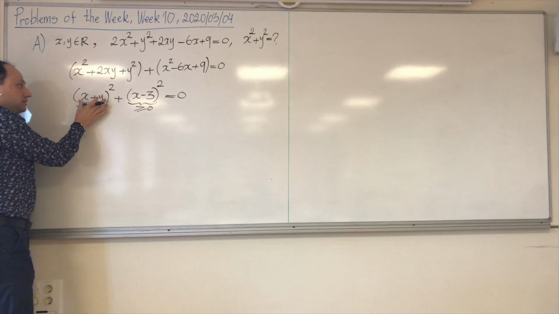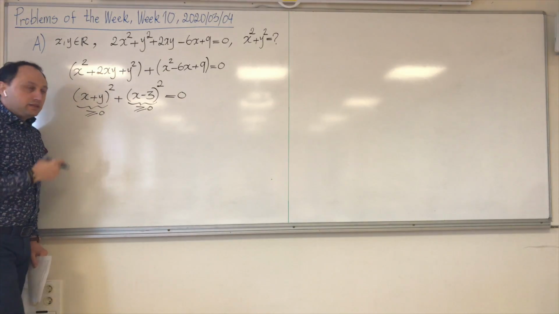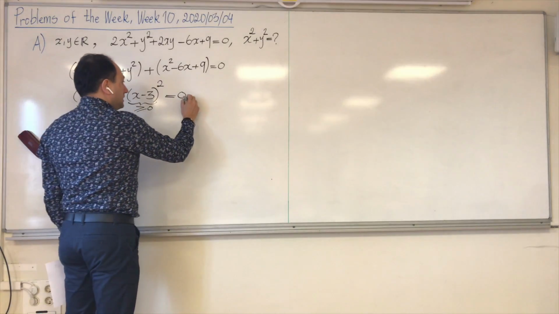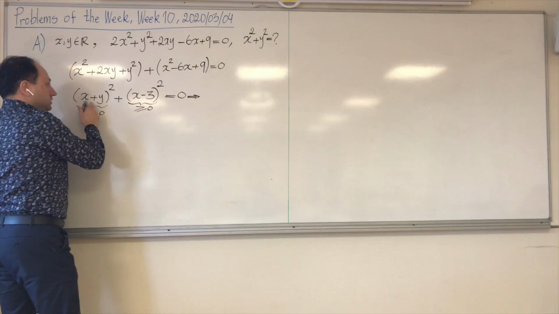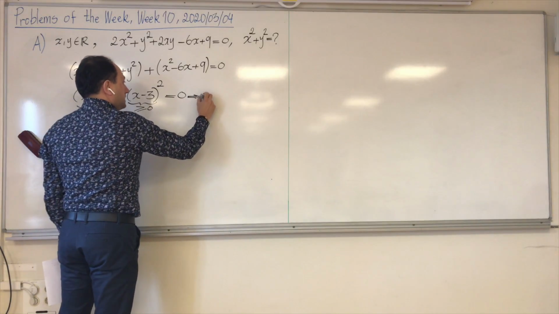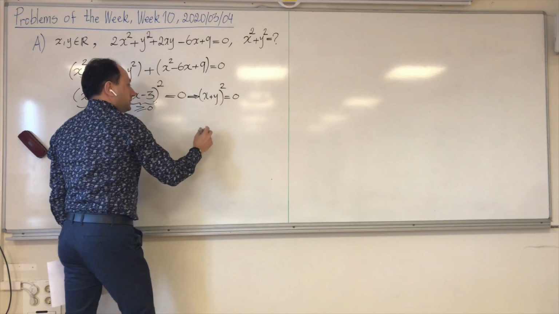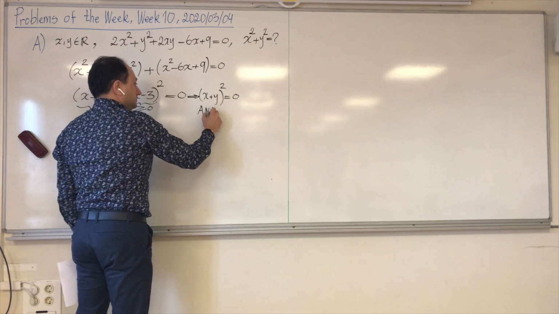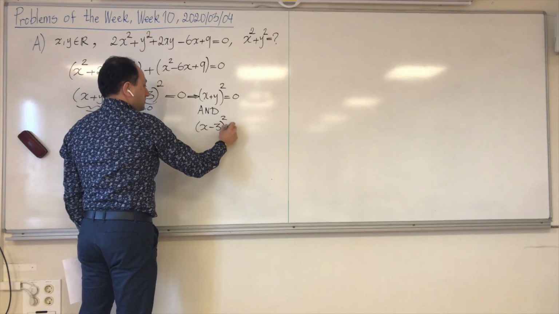And then I know that the sum of two non-negative numbers is supposed to be 0. This cannot happen unless each one of them is 0 individually. So it implies that x plus y to the 2 is 0, and x minus 3 to the 2 is also 0.